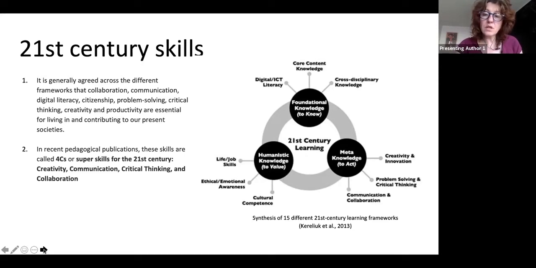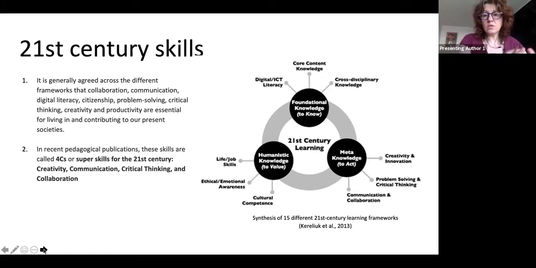21st century learning frameworks, where he organized the knowledge into 3 groups: to know, to value, and to act. To know is foundational knowledge, where we should teach cross-disciplinary knowledge, core content knowledge, and digital IT literacy.